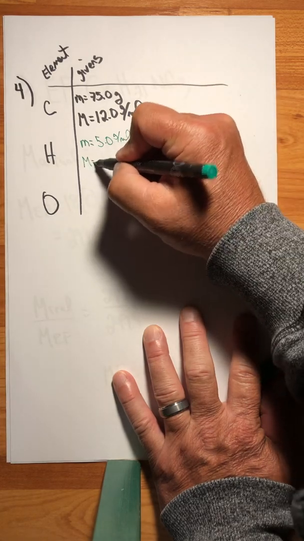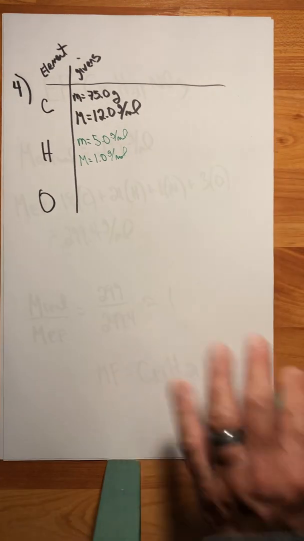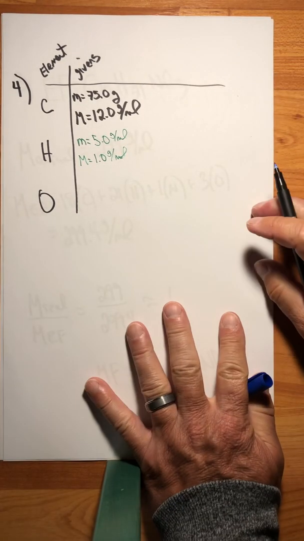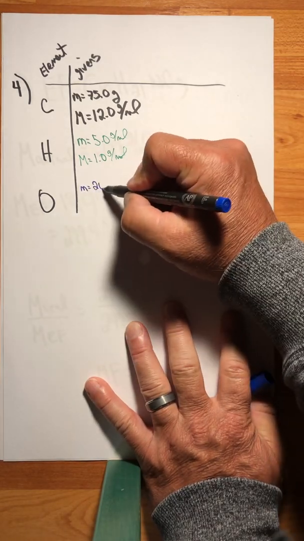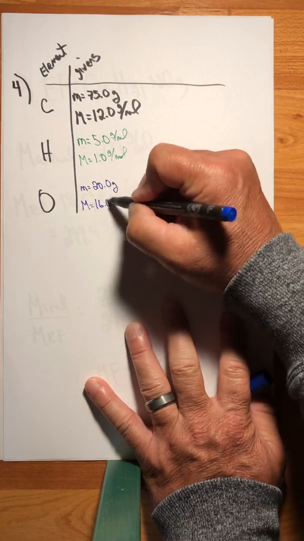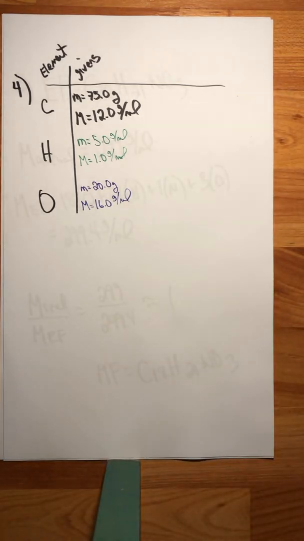The molar mass for hydrogen is 1. And then for oxygen, I have a percentage of 20, so that's 20 grams, and my molar mass is 16.0 grams per mole. So I'm done that column.